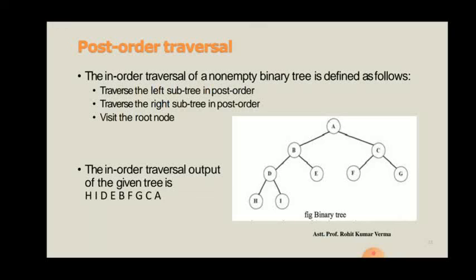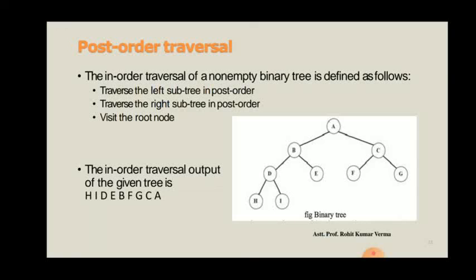Under the left subtree, for parent B we have left child D and right child E. Further there is an extension for D. For D we have the left subtree, that is H. So in post-order traversal, first we write H, our left subtree node. Then we write I, our right subtree node, and after that we visit the root node, that is D.